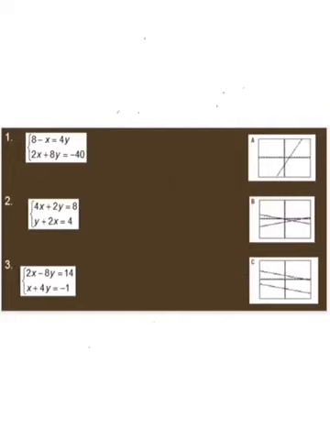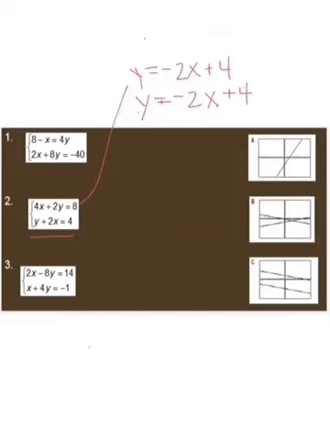For our next system, 4x plus 2y equals 8, y plus 2x equals 4. For this one, we're going to set them up into slope-intercept form, and we would get y equals negative 2x plus 4, and then we get y equals negative 2x plus 4.